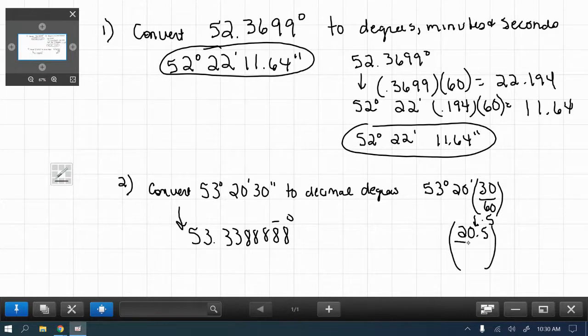And then we're going to divide this by 60. So 20.5 divided by 60. I wrote something down wrong. I got 53.341666. That's what it should be. So I punched something in wrong. That's what it should be.